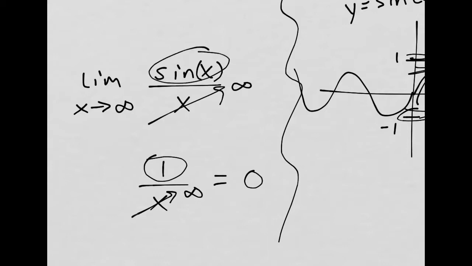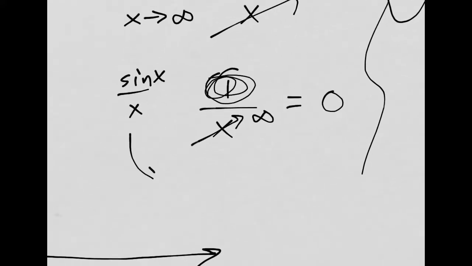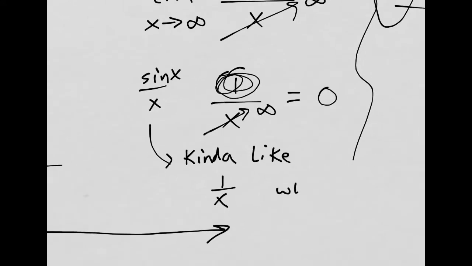Since sine only stays between -1 and 1, it's not going anywhere compared to something really huge. So sine of x over x is kind of like 1 over x when x approaches infinity.